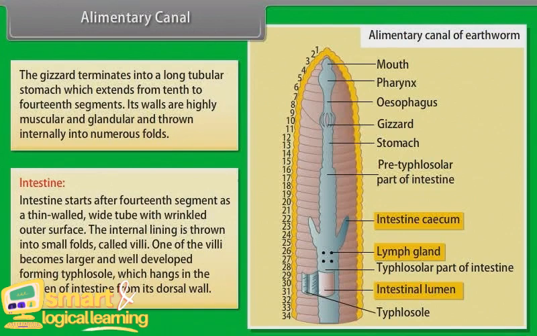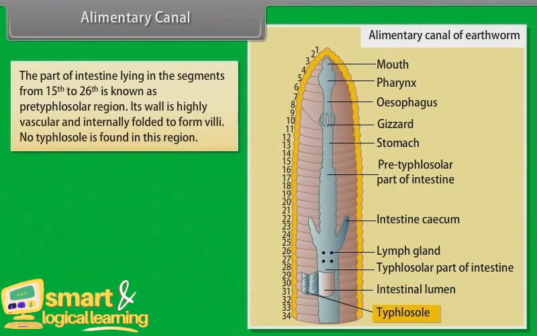One of the villi becomes larger and well developed, forming the typhlosole, which hangs in the lumen of the intestine from its dorsal wall. The part of the intestine lying in the segments from 15th to 26th is known as the pretyphlosolar region. Its wall is highly vascular and internally folded to form villi.